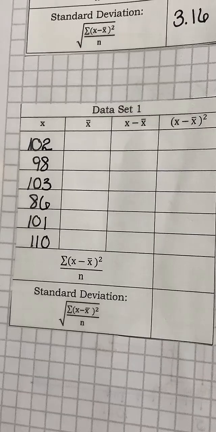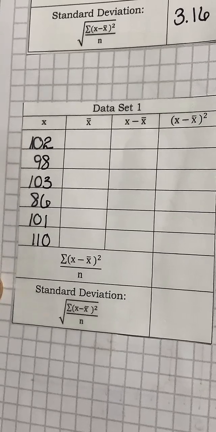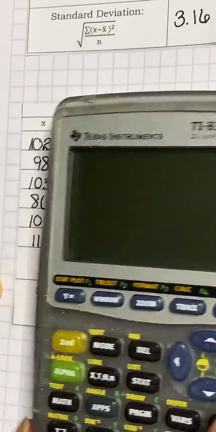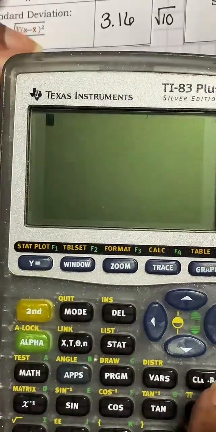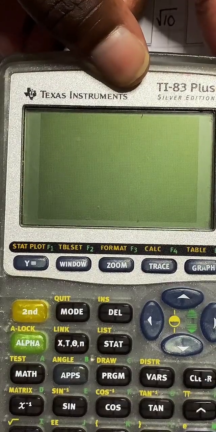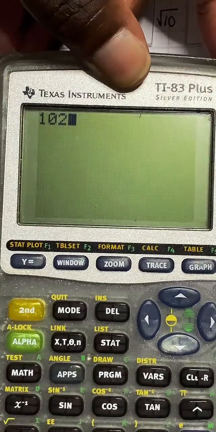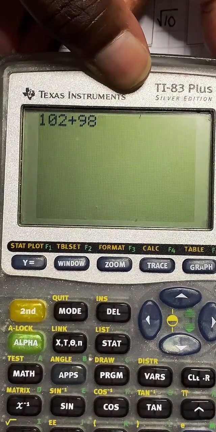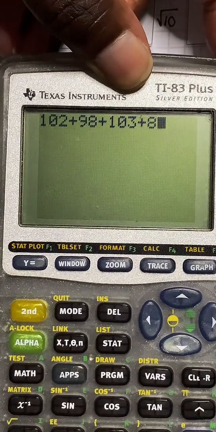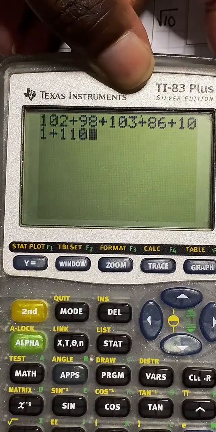We can handle that. So for us to find the mean, we're basically adding our numbers together and dividing by the number of numbers we have represented in this data set. So we have 102 plus 98 plus 103 plus 86, 101, and 110.